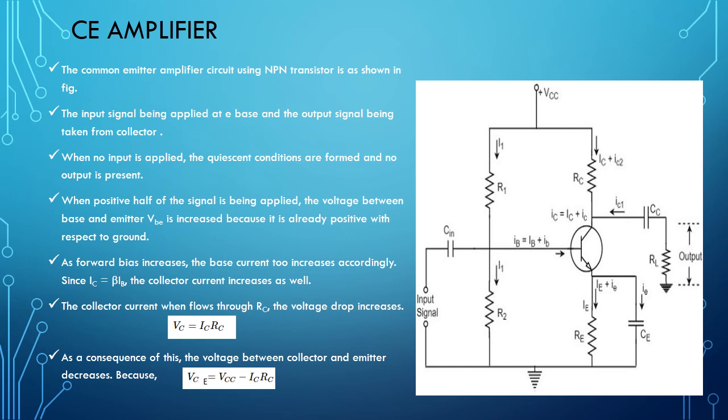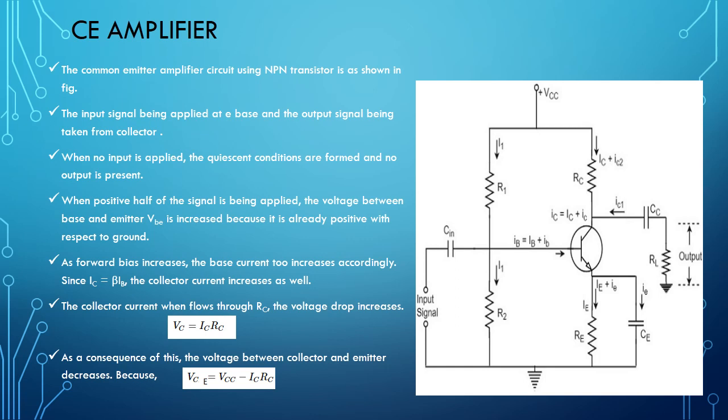It has the biasing circuit with resistors R1, R2 and RE. These resistors form a voltage divider biasing circuit for the CE amplifier. This biasing circuit sets the proper operating point of the CE amplifier.